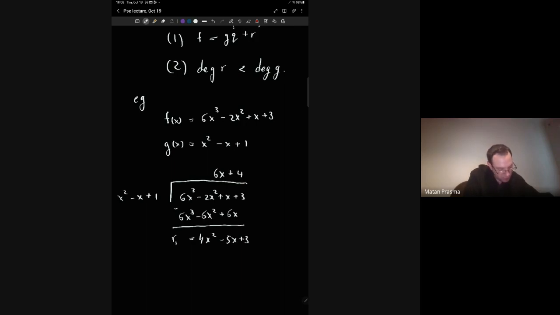So I add 4 here. And if I multiply 4 by g(x), I get 4x squared minus 4x plus 4. I multiplied everything by 4, sorry. So the constant is 4. And I subtract, and then I get minus x minus 1 here.